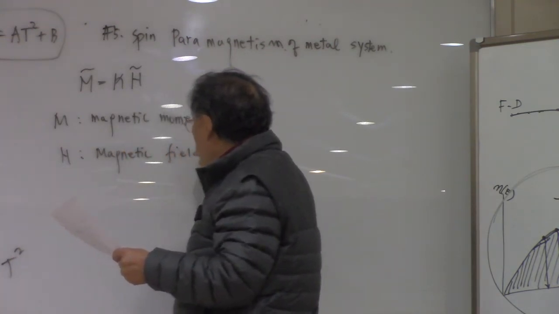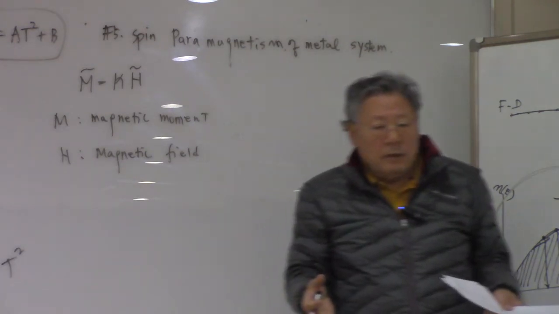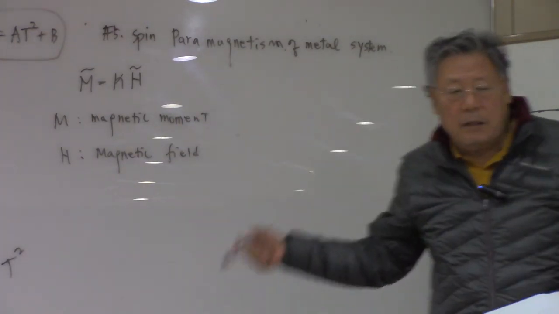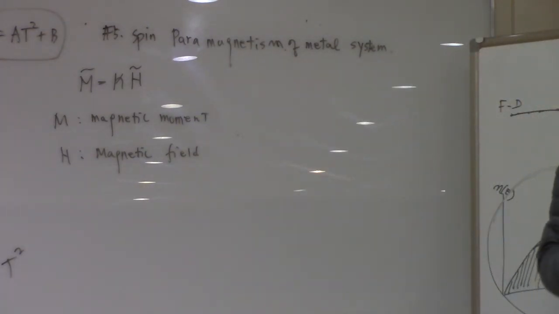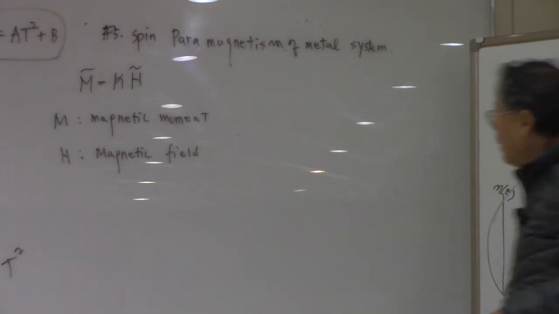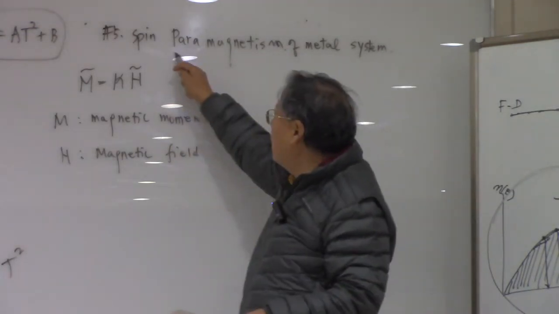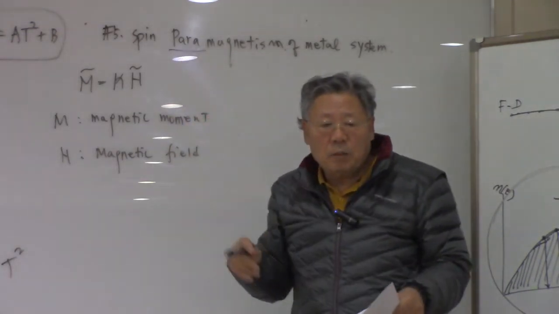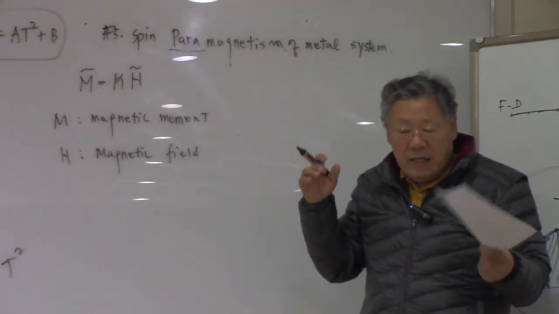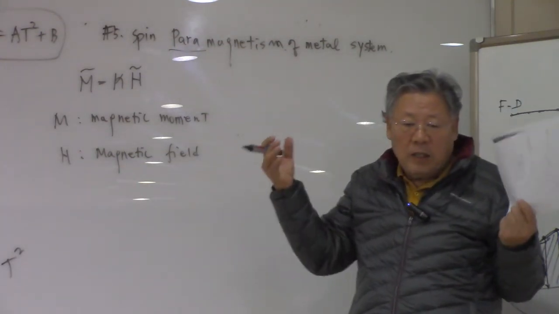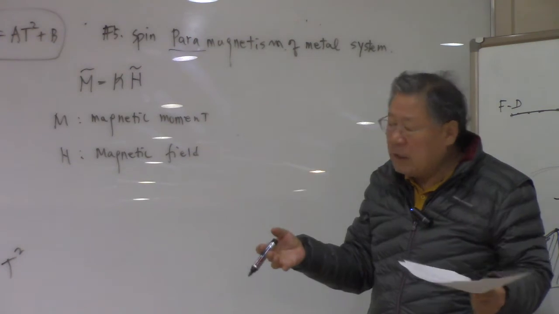So if you have metals and you apply a magnetic field, then the metal itself is going to be magnetized, okay? And the paramagnetism is the magnetism that exists only with the applied magnetic field.